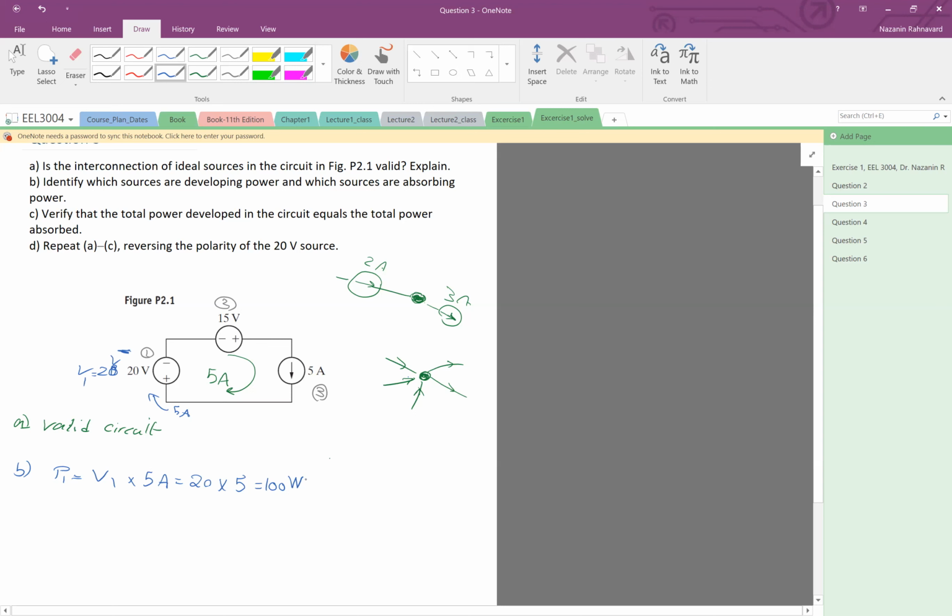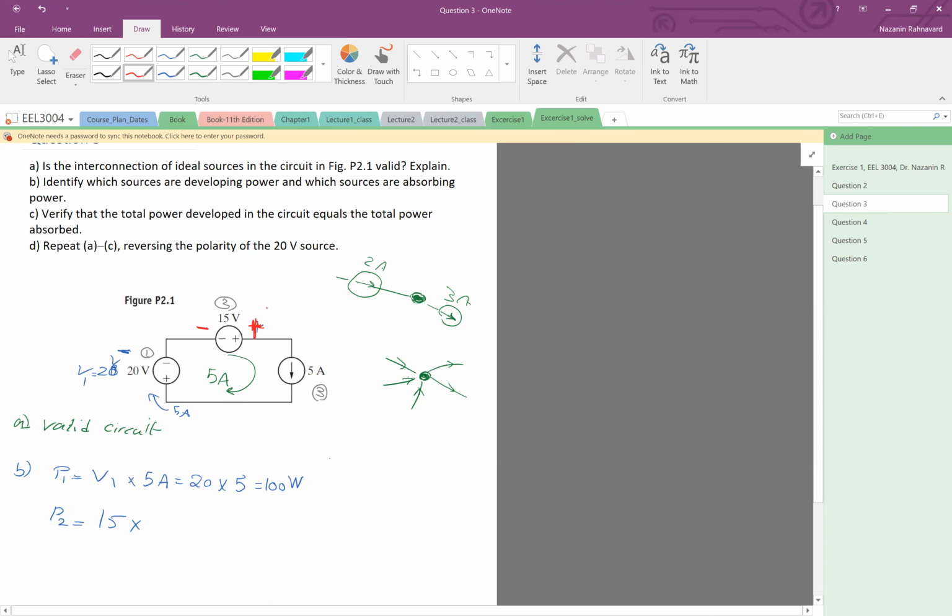It's positive, which means that it consumes power. Now let's look at element 2. It has 15 volts. Let's say this way is 15, so V2 is 15, positive here and negative here.